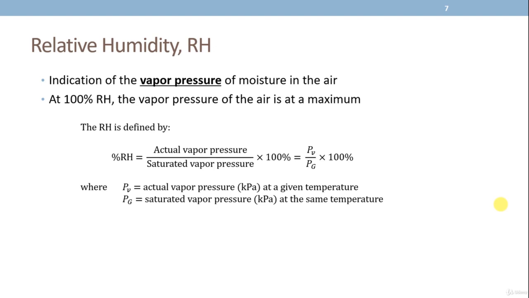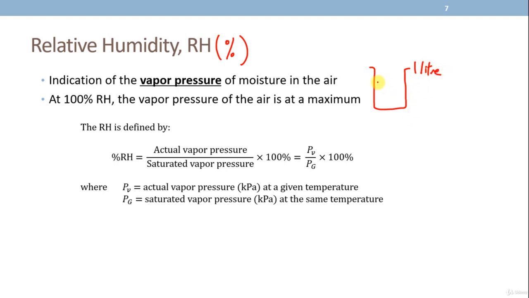The next term, relative humidity, is something that is more commonly seen maybe in a weather forecast station. This RH is usually given in percentage. For example, they may say the weather today is 28 degrees Celsius and 80% RH. What do we mean by RH, and what's the difference between RH and humidity ratio? I like to use an example. Let's say you have a container, and the capacity of this container is 1 liter.